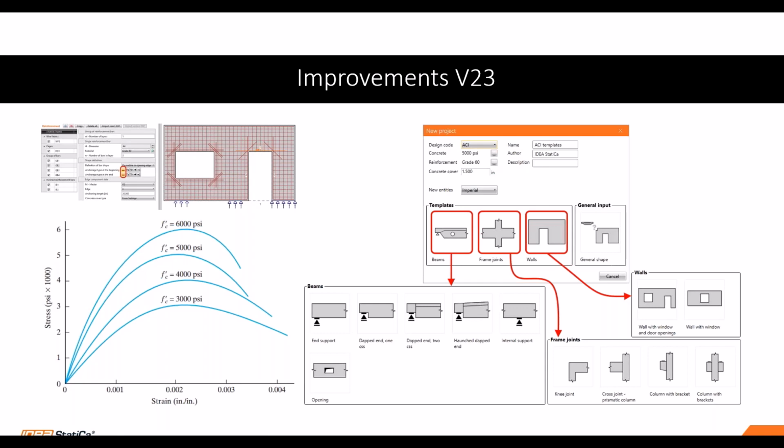We've also added some additional templates. You can see the different beam options for checking: end supports, dapped ends, internal supports, openings in beams, walls with openings, as well as frame joints.